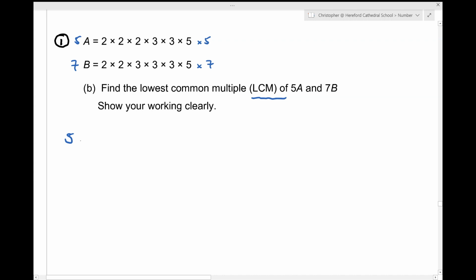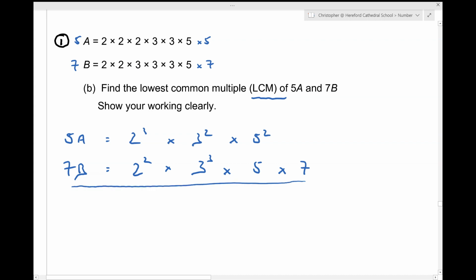So 5a is 2 cubed times 3 squared times 5 squared, and meanwhile 7b is 2 squared times 3 to the power of 3 times 5 times 7. And to construct my lowest common multiple, I simply need to take the highest power of each of my factors and multiply them together.